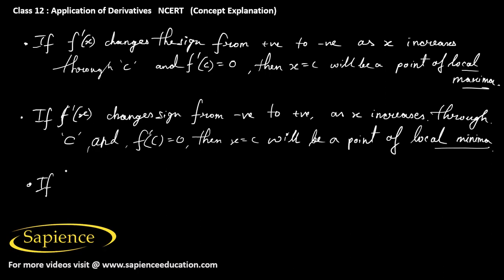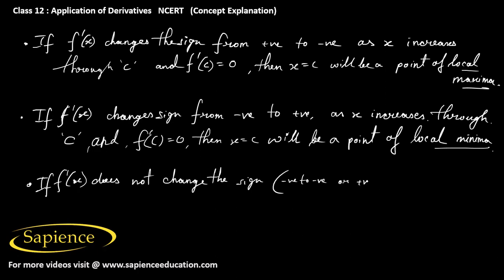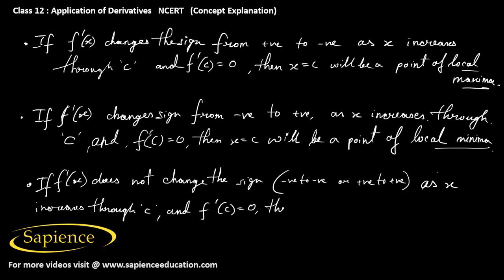And the third rule is that if f dash x does not change sign, it means that it is going from negative to negative only, or from positive to positive only, so it is not changing sign, as x increases through c, and f dash c is equal to 0, then we can say that x equal to c will be a point of inflection.